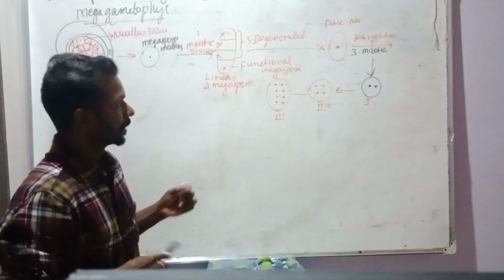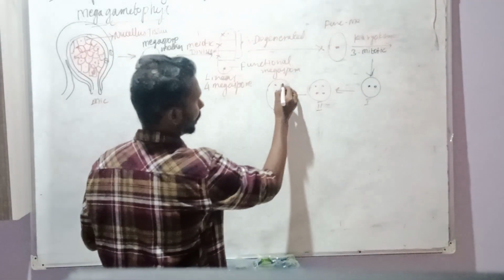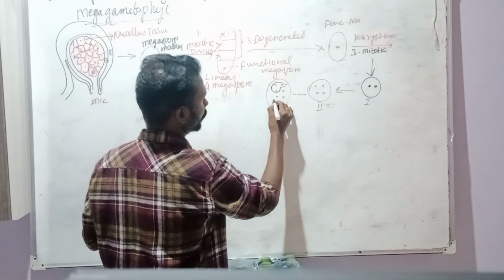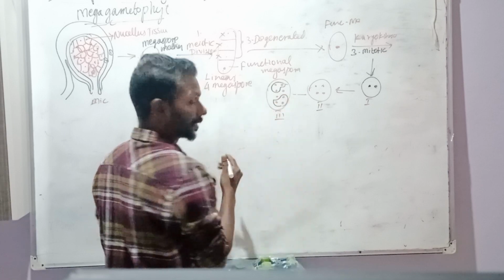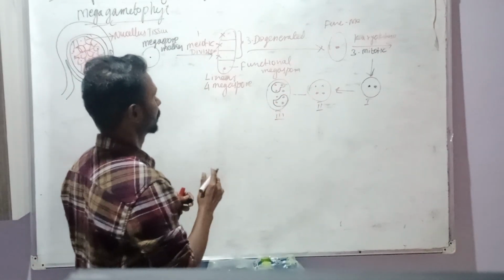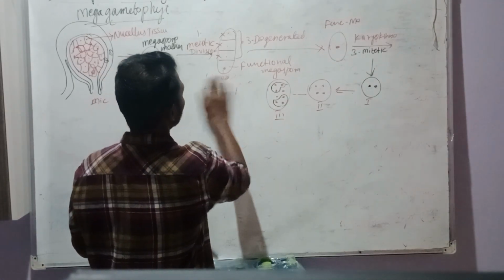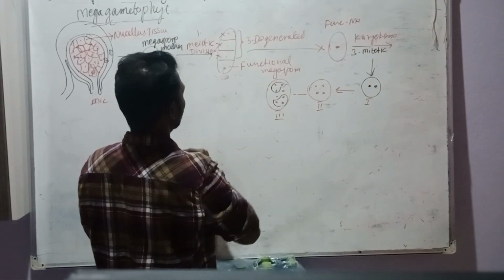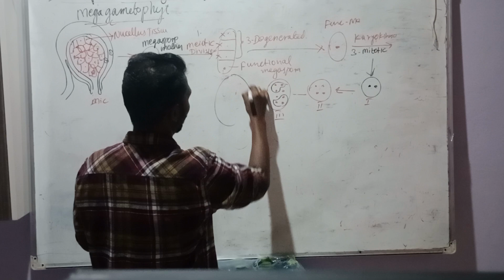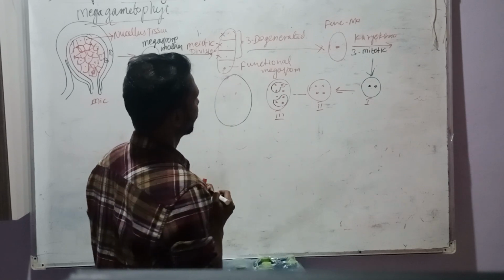Of the 8 nuclei, 3 of them join and move towards opposite poles. For example, I'm drawing a big embryo sac.